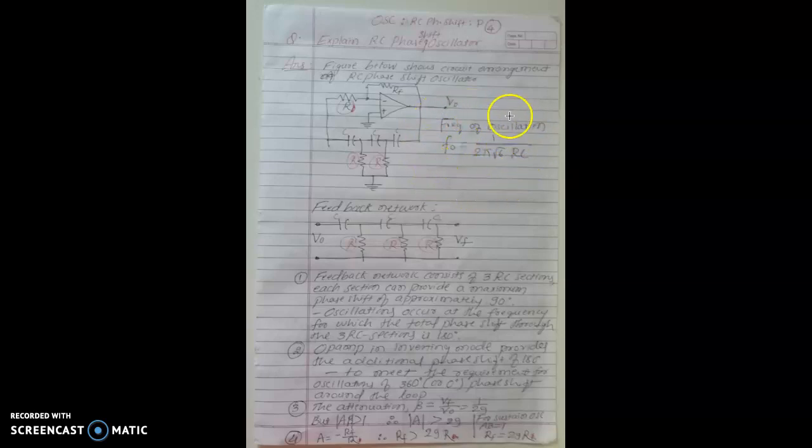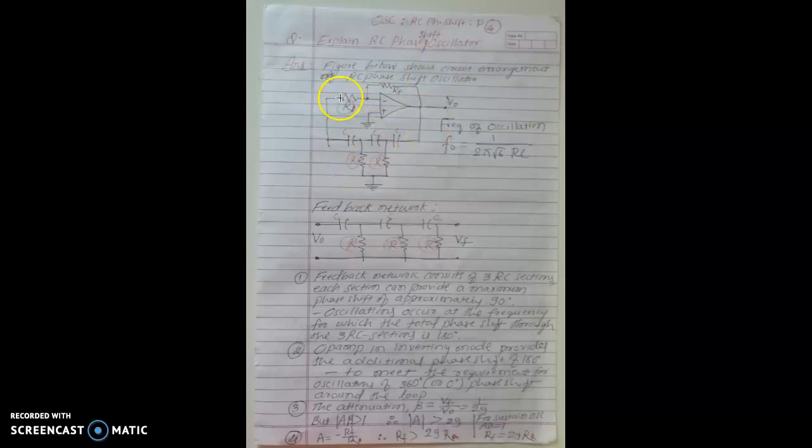If you remember this formula, you will be asked numericals based on it. Here R is the value of the resistor in the feedback network, and C is the value of the capacitor in the feedback network. Rf is the feedback resistor of the inverting amplifier, and R is the input resistance of this inverting amplifier. Only this much needs to be dealt with by you.